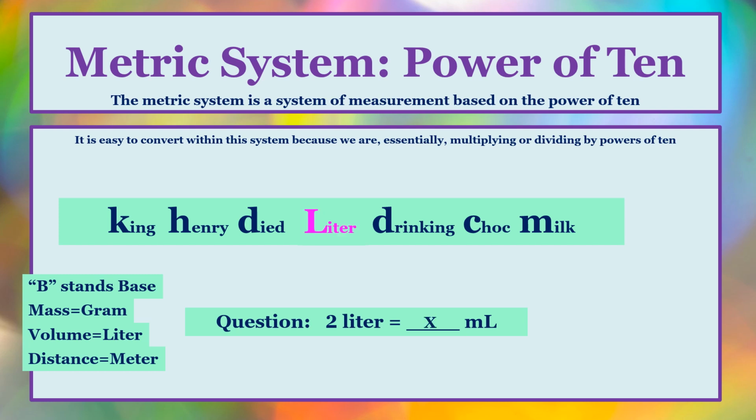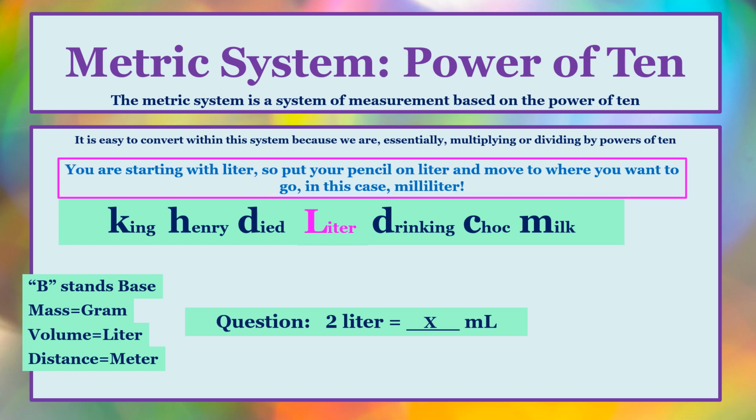We're going to continue our practice, and our question is going to be 2 liters equals X milliliters. We're starting with liters. That's what we have for our formula, so we're going to have that as our base. Since we're starting with liters, we put our pencil on liter and move to where we want to go, which in this case is milliliters. 1, 2, 3. We're going to go towards the right with our arrows, so we need to move our decimal to the right.